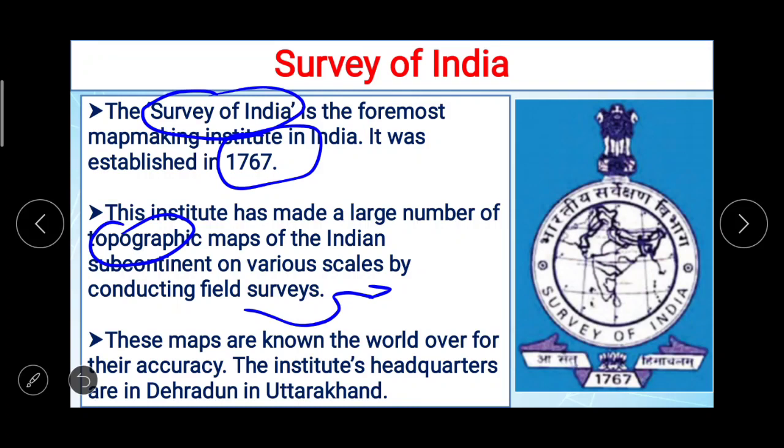These maps are known the world over for their accuracy, and the institute's headquarters are in Dehradun in Uttarakhand. This one you can see, Bharatiya Sarvekshan Vibhag, that is Survey of India.